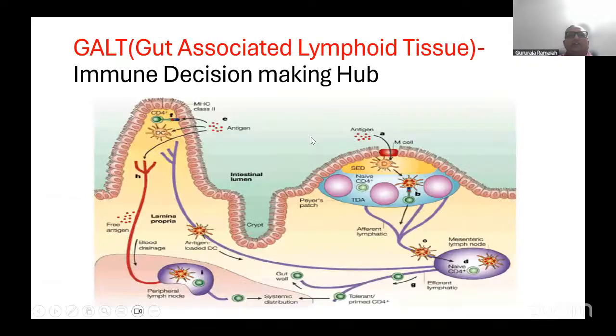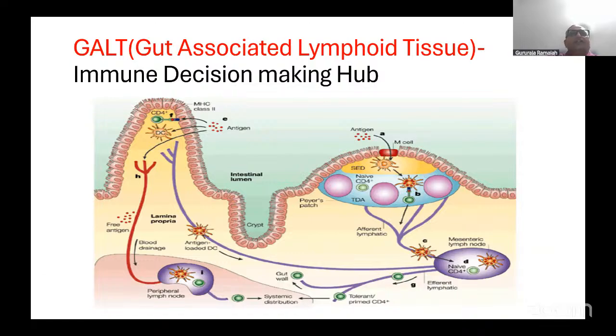So this is GALT, the gut-associated lymphoid tissue. This is the immune decision-making hub, which consists of the lamina propria, Peyer's patches, and the epithelium. These are the main players. This is an anatomical and functional nexus of oral tolerance.